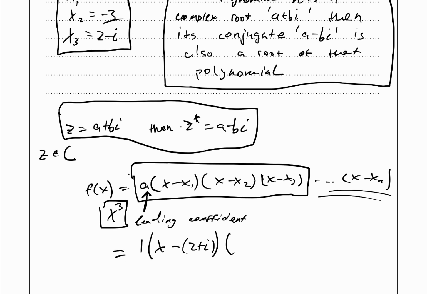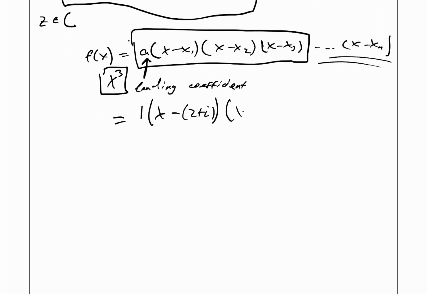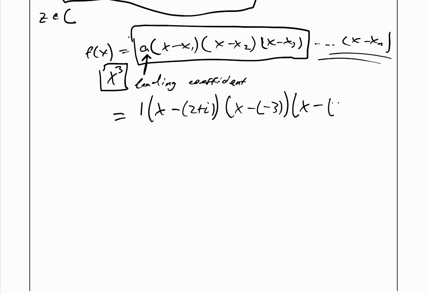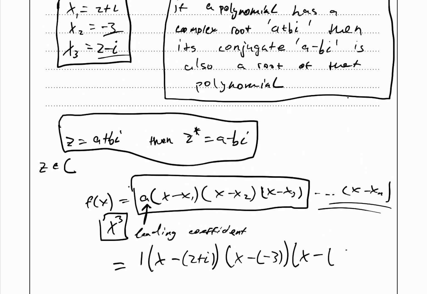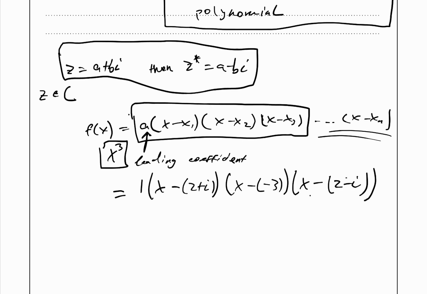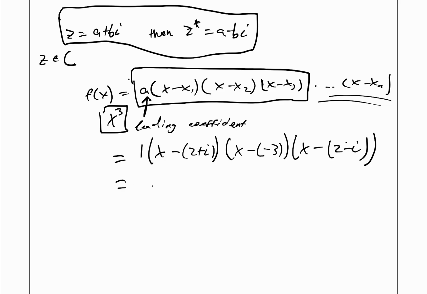Then x minus x2, which is x minus 3, the second root, and the third root is x minus 2 minus i, oops, just a minor mistake right over here, x minus (2 minus i), okay. Now let's go ahead and expand this.